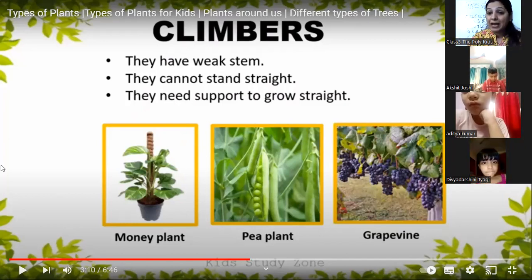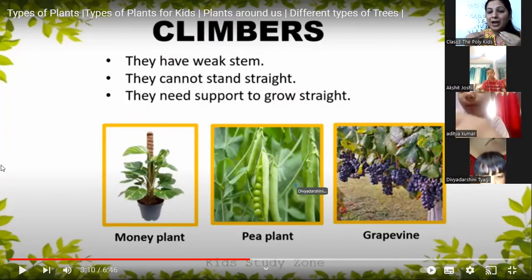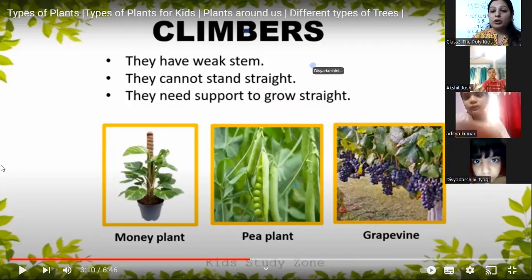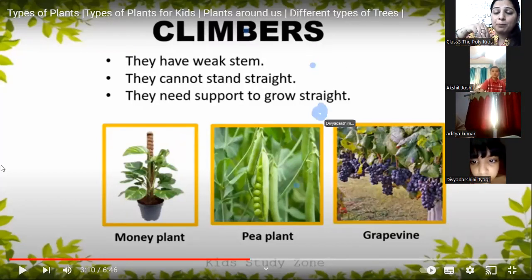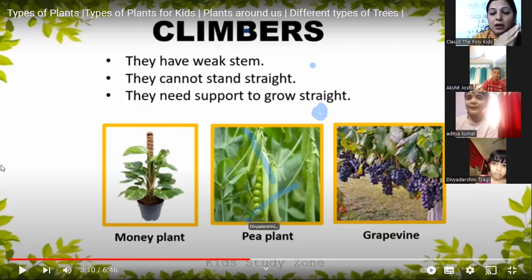They need some support to stand straight. Whenever you have to grow a climber, you have to provide them some support. For example, in the money plant, they add moss in the center, or we put a stick inside our flower pot, and then the money plant takes help from that.